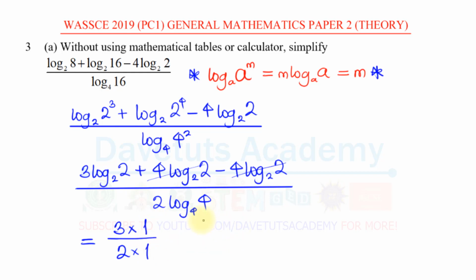And with that, you can see that our answer is 3 over 2, or one whole number, 1 over 2. So as requested, we simplified this particular logarithm expression, and the final answer is one whole number, 1 over 2. That's 1.5.